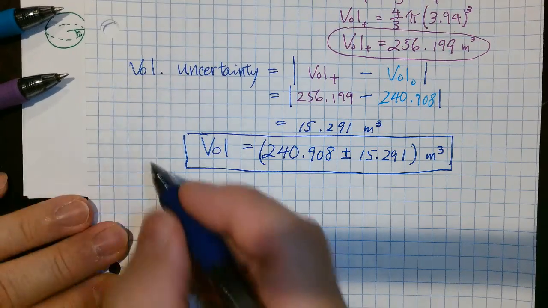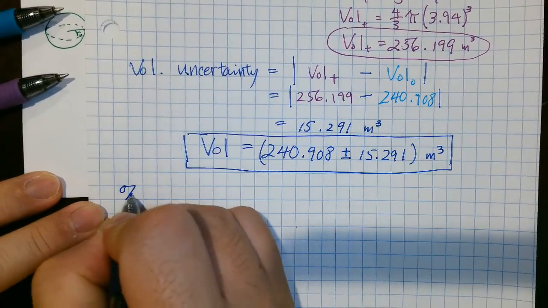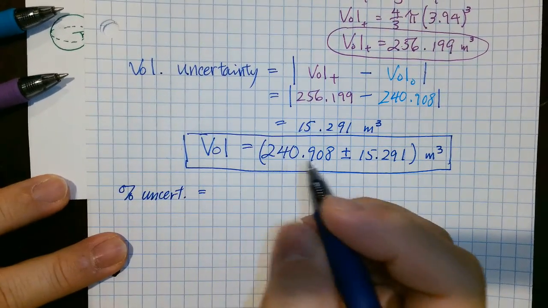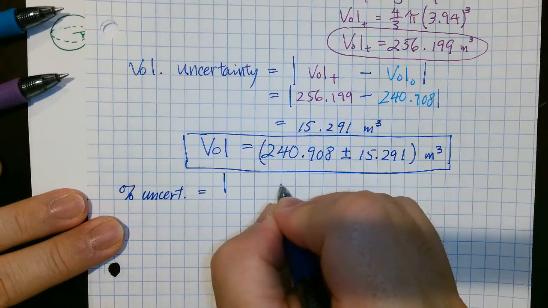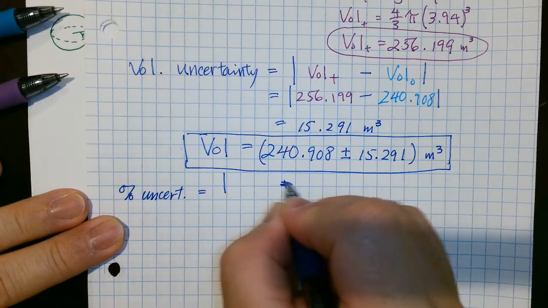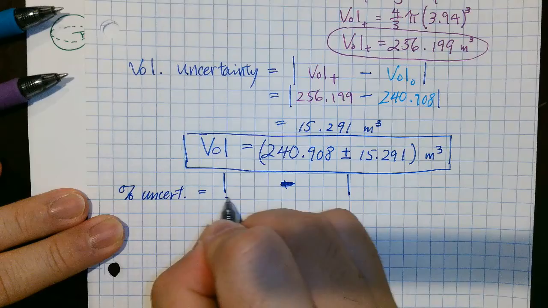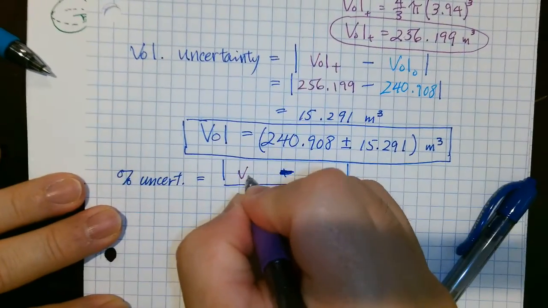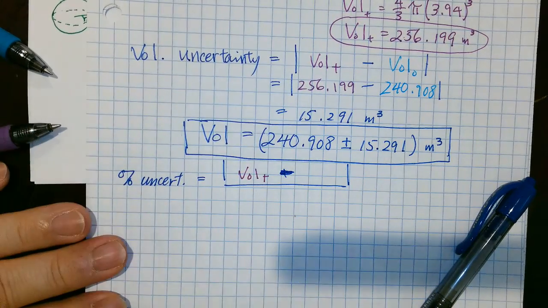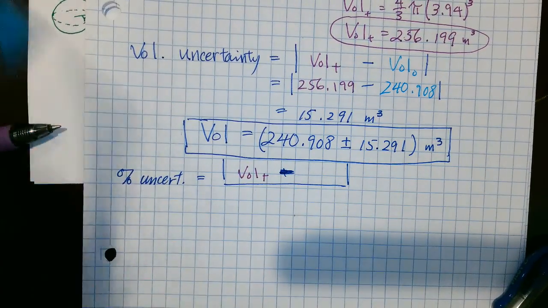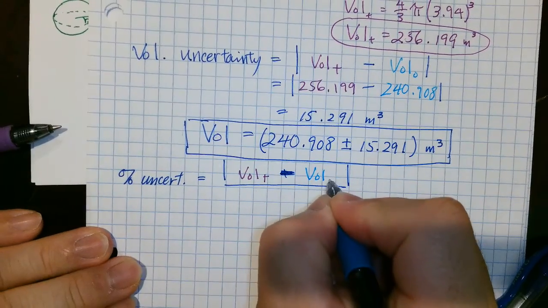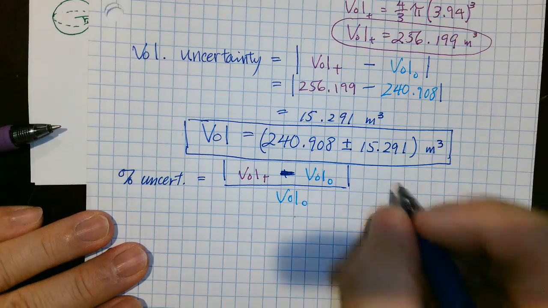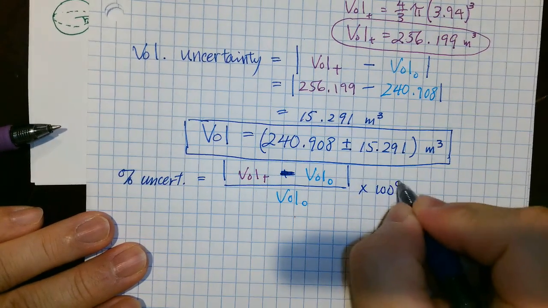So the percent uncertainty is equal to volume plus minus volume naught, over volume naught, times 100%.